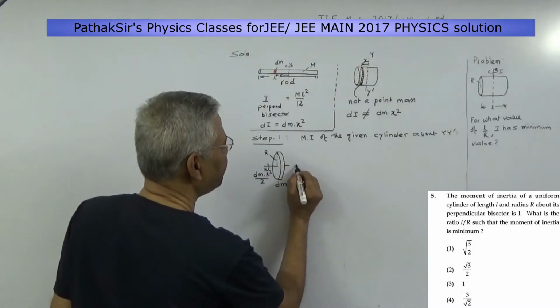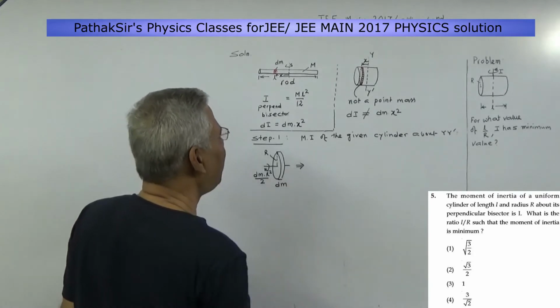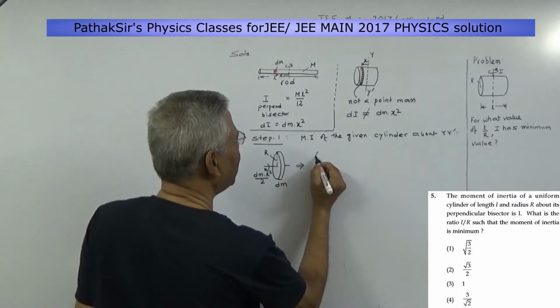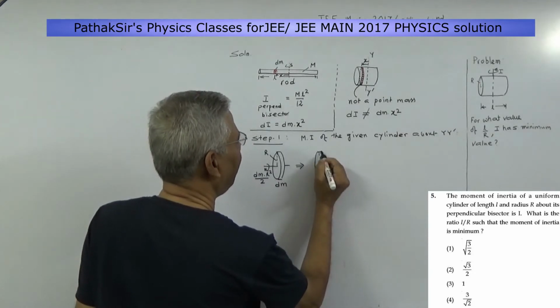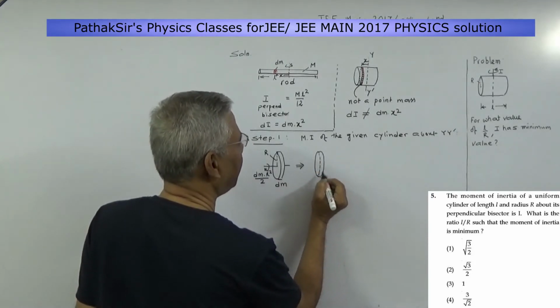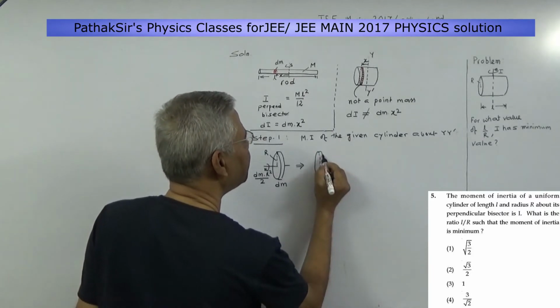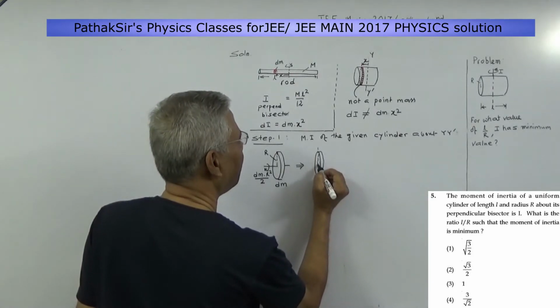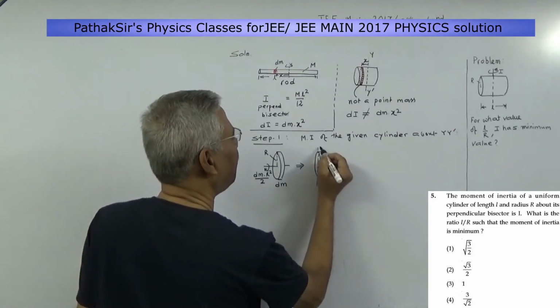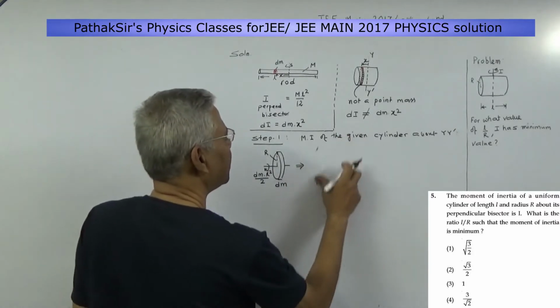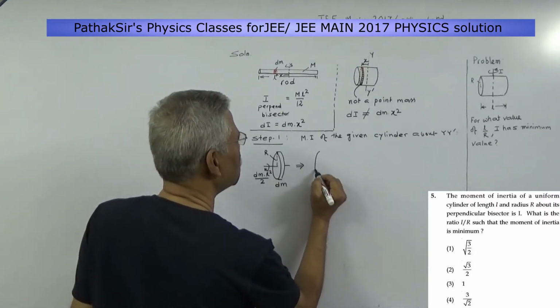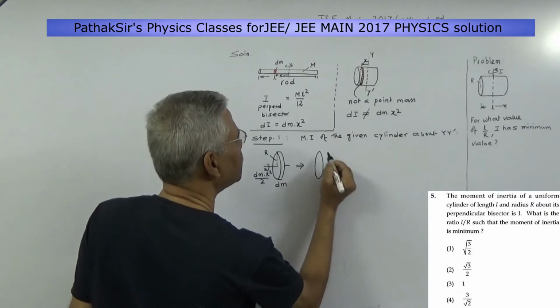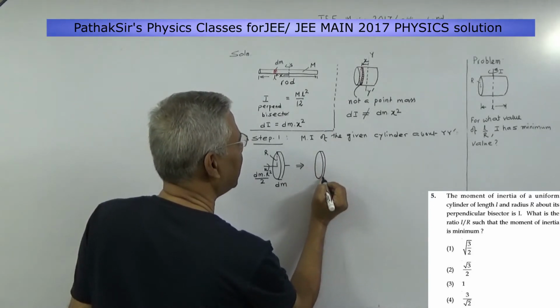From this, we will find the moment of inertia of this body about this axis of rotation. Now I think it is clear.